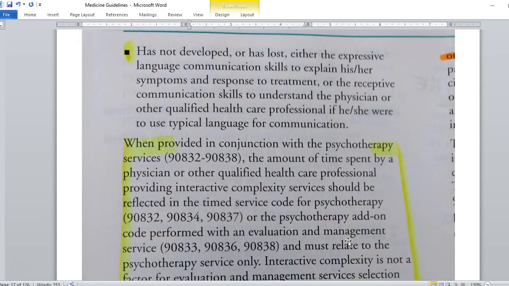So again, think young children who can't properly formulate the words.